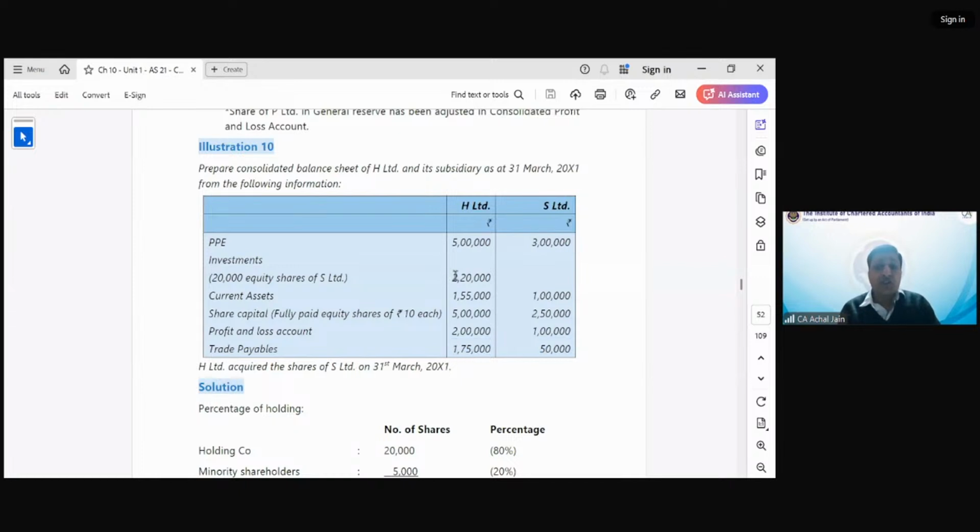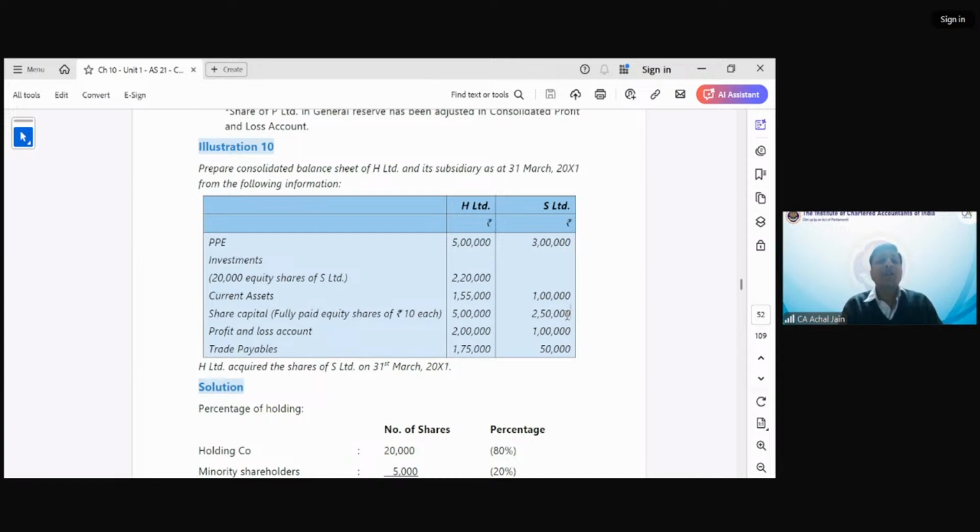Investments, should this investment be taken to the consolidated balance sheet? No. Why? Because this investment is also a kind of intercompany transaction. Against this investment, you have the proportionate equity capital of S Limited.